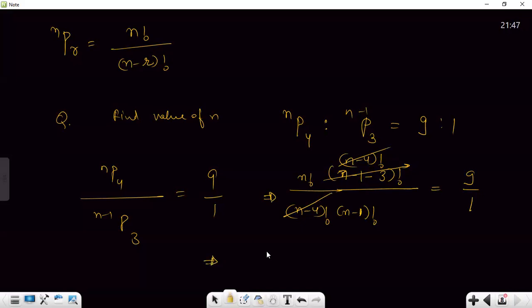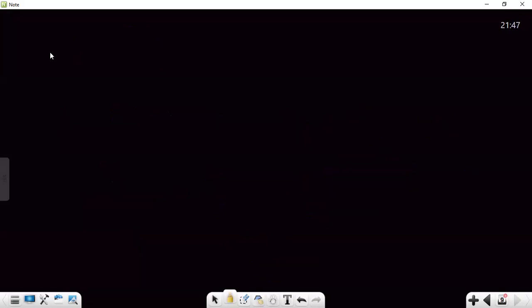What is left on the left hand side is n factorial divided by (n minus 1) factorial, which is given as 9. So n factorial can be expanded as n into n minus 1 into n minus 2 and so on till 1. So we can say that n into (n minus 1) factorial.